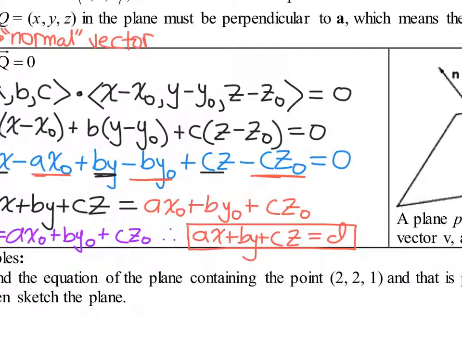So D can be thought of, as a little consequence here, as the dot product of ABC and the vector that has components x sub o, y sub o, z sub o.